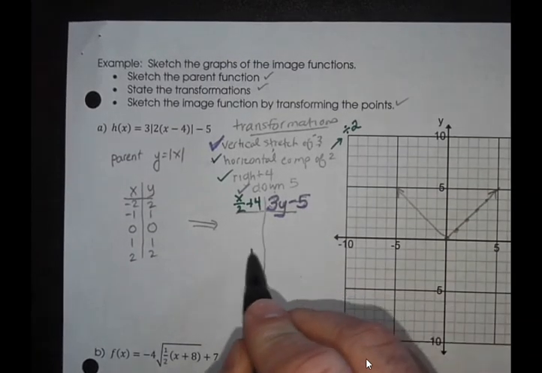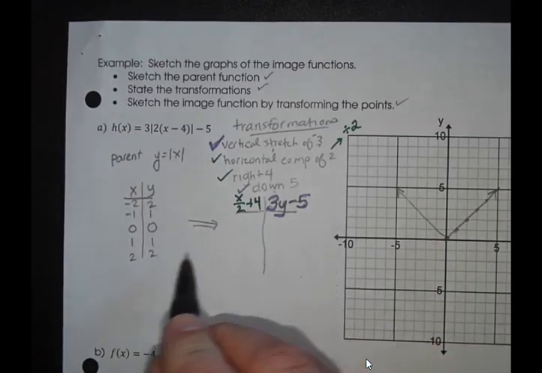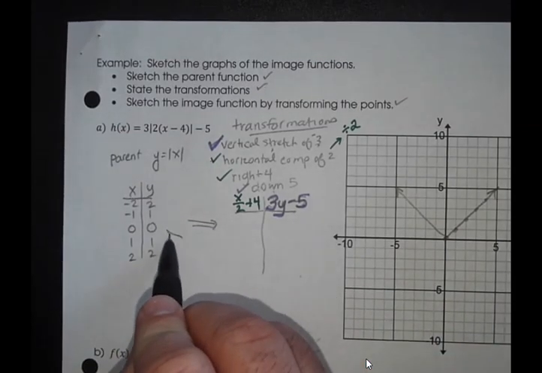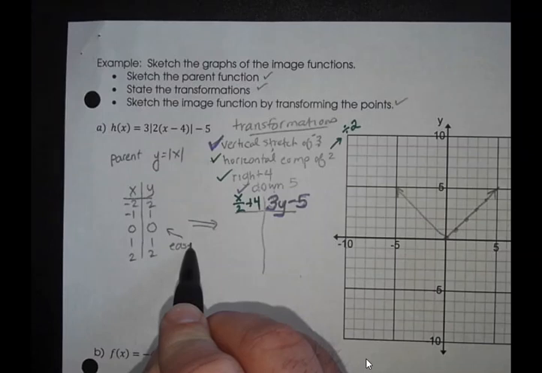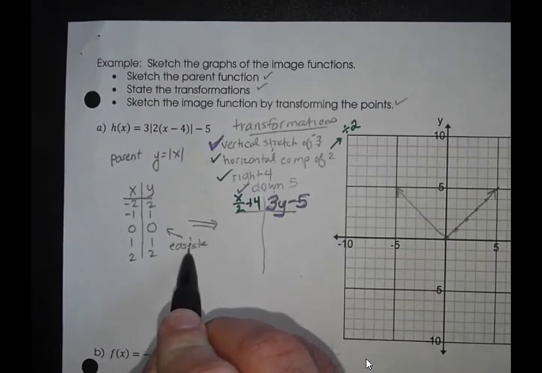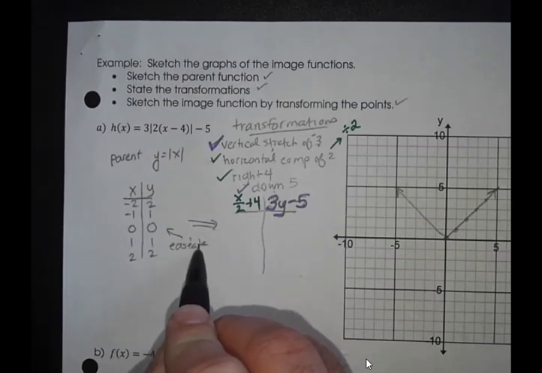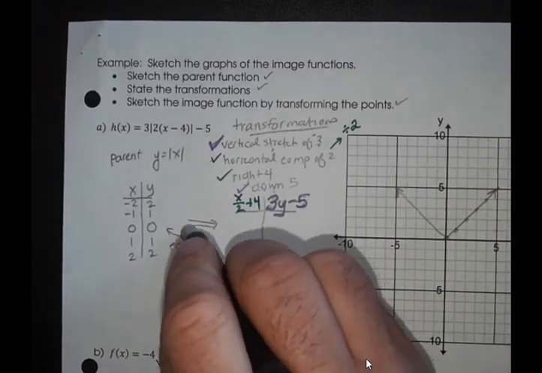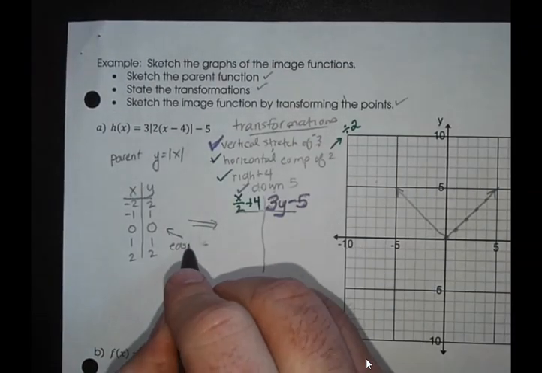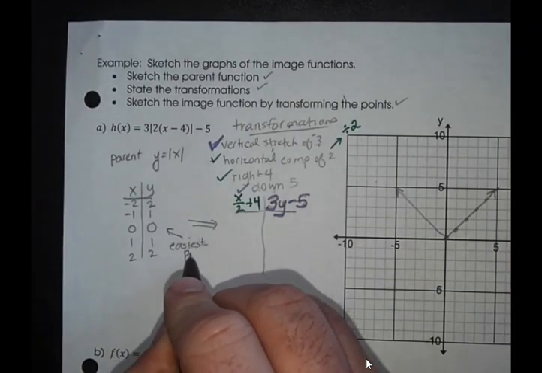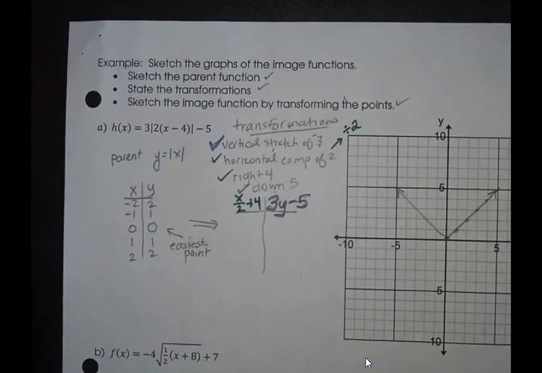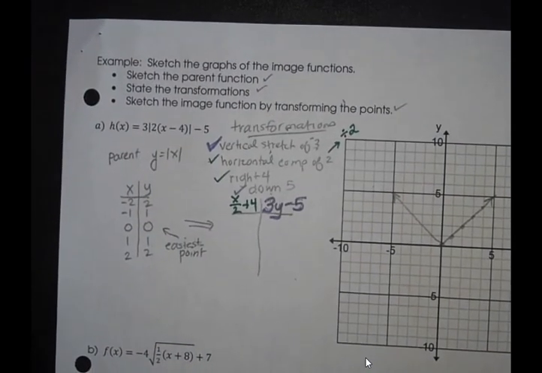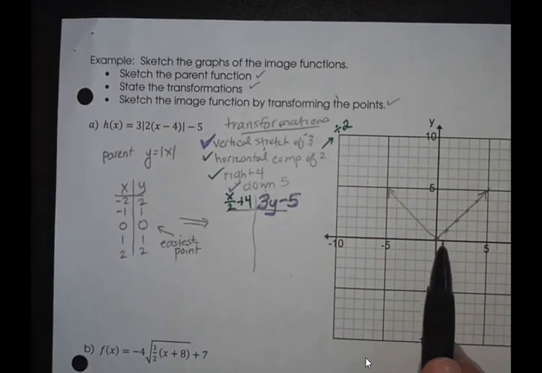Well, what I would do is probably start at the easiest point. This is the easiest point to transfer. Think of it as the vertex of a parabola, right? This is my vertex, that point.